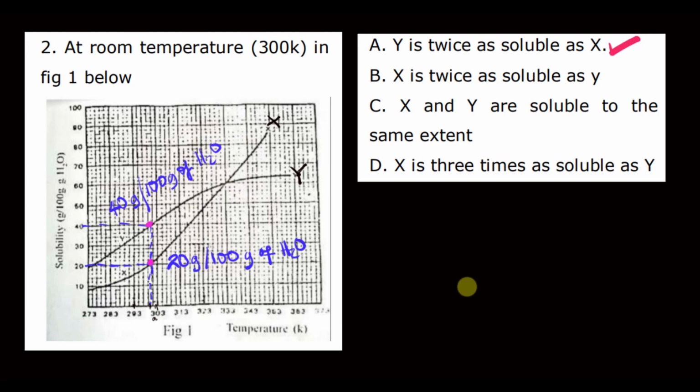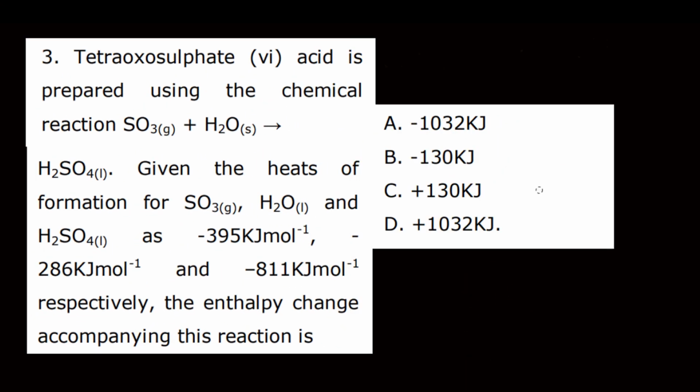So let's move to the next question. Question 3. Tetraoxosulfate(VI) acid is prepared using the chemical reaction SO3 gas plus H2O, that should be liquid, giving us H2SO4 liquid. Given the heat of formation for SO3 gas, water, and H2SO4 liquid as minus 395 kilojoules per mole, minus 286 kilojoules per mole, and minus 811 kilojoules per mole respectively, the enthalpy change accompanying this reaction is as shown on the screen.